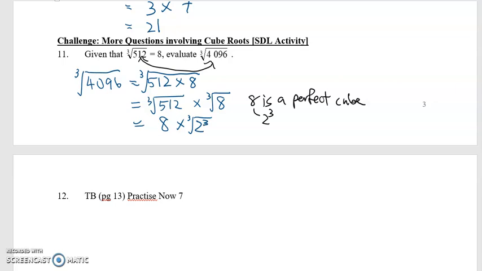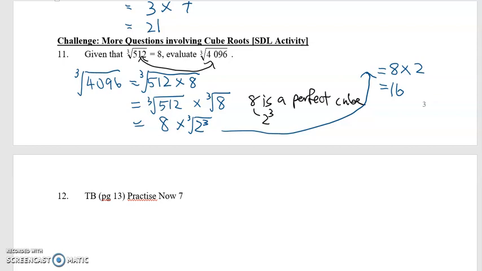I'm so happy that it's a perfect cube because when I take the cube root of a perfect cube, I get a whole number. So if I continue here, it would be 8 times 2. So the cube root of 4096 is actually 16.